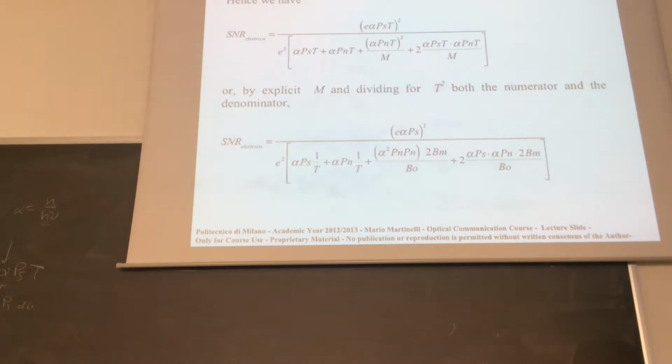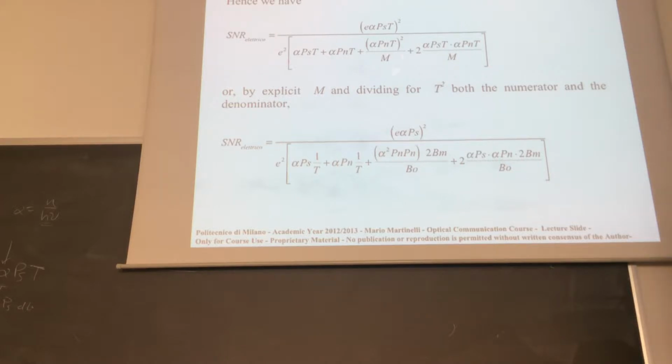So I have alpha Ps T, alpha Pn T, where Pn is the power of the noise, and then I have alpha Pn T squared divided by M, because it's the beating of the noise with itself. And then I have 2 mu s mu n divided by M.